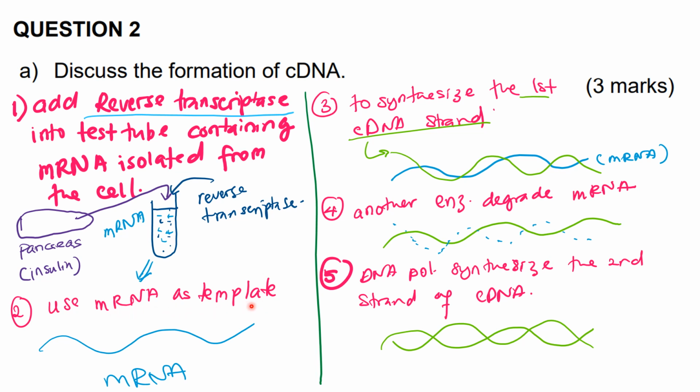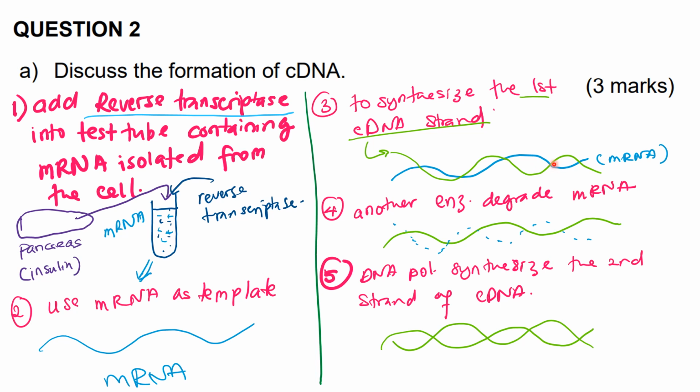This is for the second mark. So mRNA as the template to synthesize the first cDNA strand. The blue strand here indicates that it is mRNA, and the green strand here indicates the first complementary cDNA that is synthesized using mRNA as template.